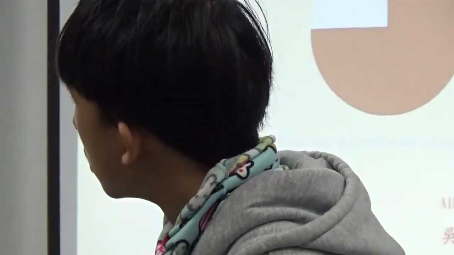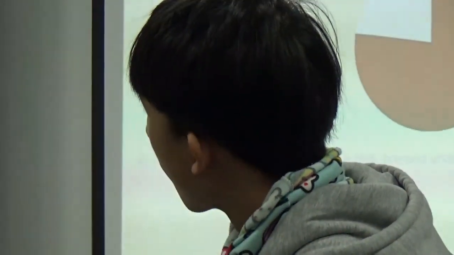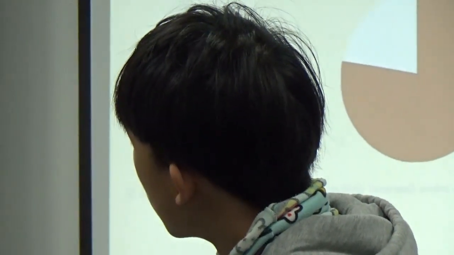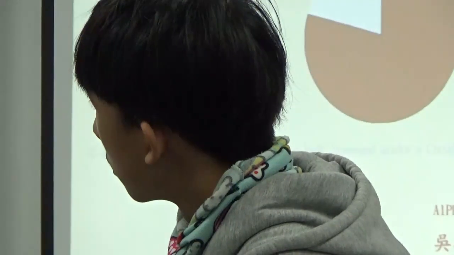Could you repeat your question? My question is why there is a saturation behavior, why the launch velocity does not change with the drop height when the drop height is high.